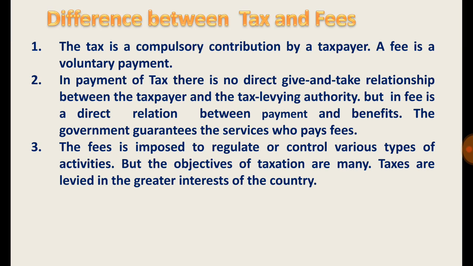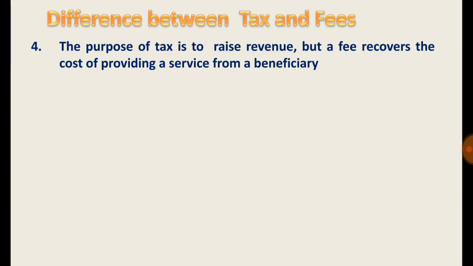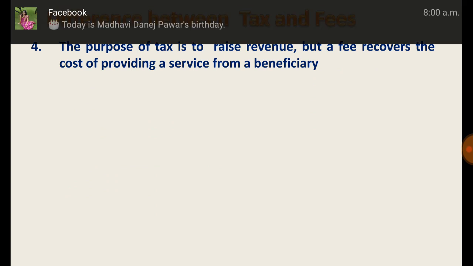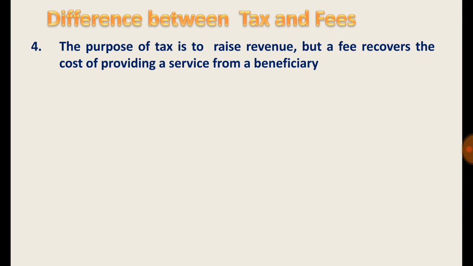Then the next difference is that the fees is imposed to regulate, as I have told you. The next difference is that the purpose of tax is to raise revenue. I have already explained in the last lecture the purpose of tax, because imposition of tax is a source to raise revenue for government activities, but fees is not a source of raising revenue for government.